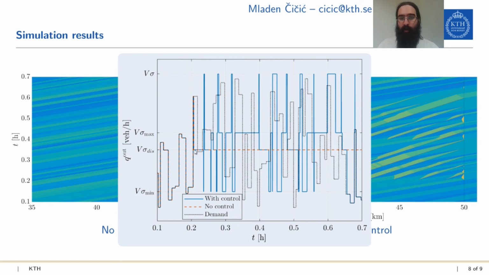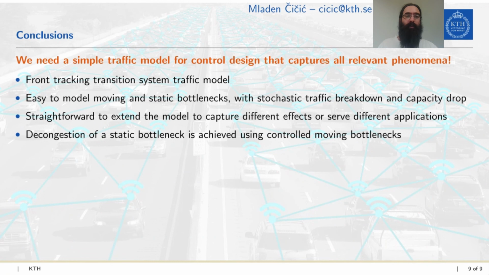Now, in case we have no control, we're not able to get out of this congestion, so the traffic flow remains at the lower, capacity dropped capacity. Contrast that with the case when we do have control, you can see that after some time we're able to re-establish free flow at the bottleneck until we have dissipated all of the congestion and finally are able to go back to tracking demand.